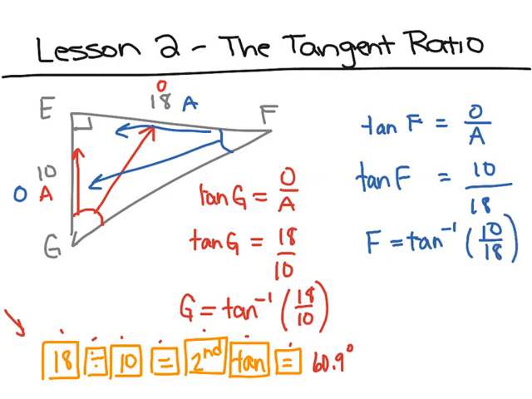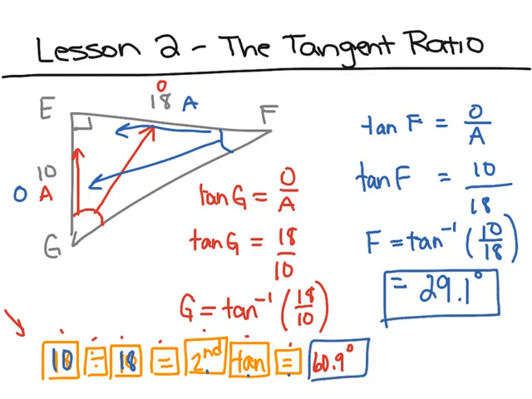So type in 10 divided by 18 equals, second function, tan equals, and you should get 29.1 degrees. So those are your two angles.